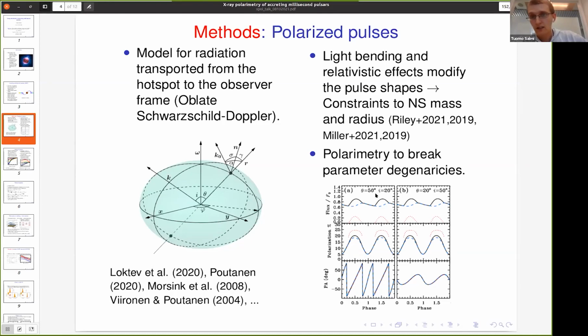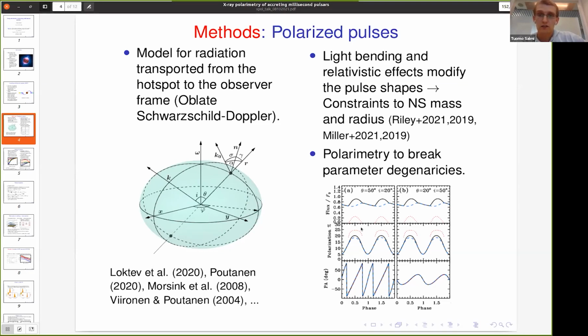This is the same figure that was shown in the first talk. It shows how you can break the parameter degeneracy between spot co-latitude and the observer inclination when having additional information from polarimetry. If you look only at the uppermost row, you see that the normal flux is almost similar for these two different cases, where you have either theta equal to 50 and i 20, or theta 20 and i 50.